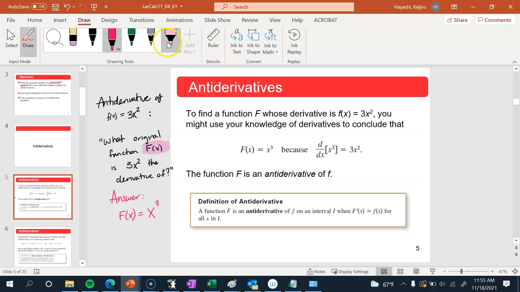But yeah, so that's the definition of an antiderivative. A function big F is an antiderivative of a little f, and usually you'll be given little f. Don't worry about the interval part. When big F prime equals little f over the interval. But basically that means that big F is an antiderivative if it's what you would take the derivative of to get what you have.